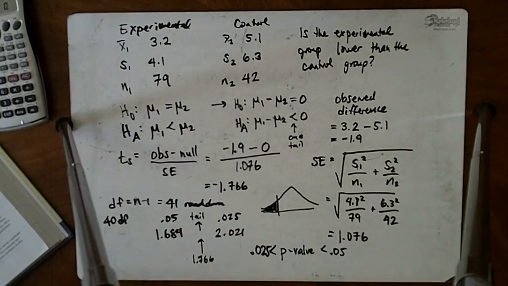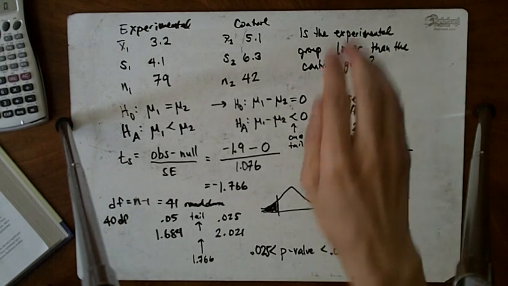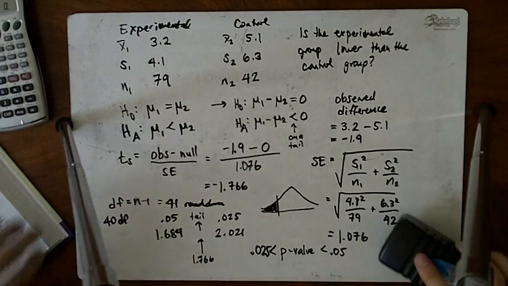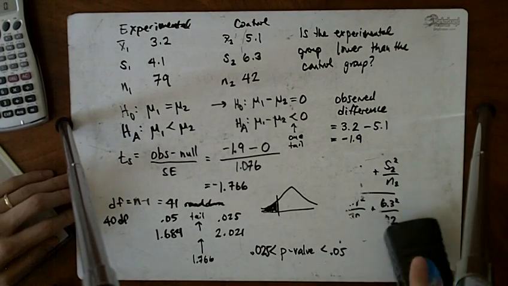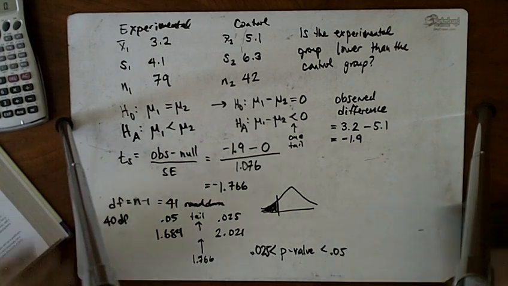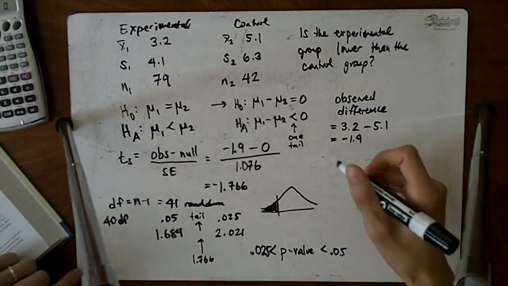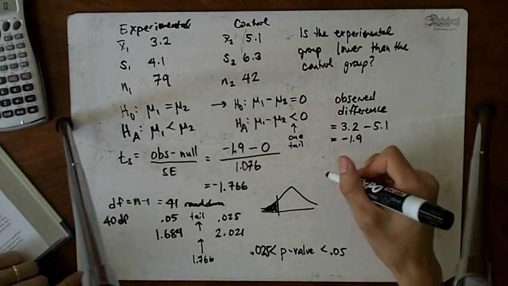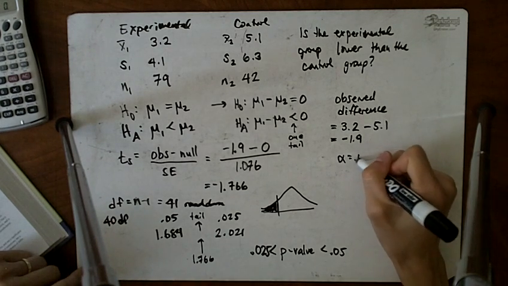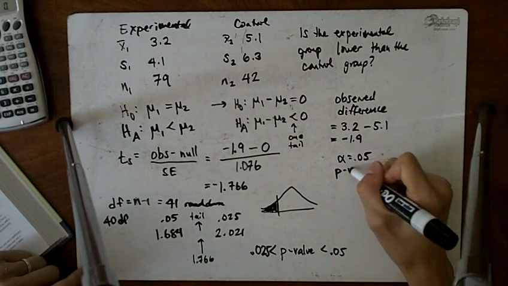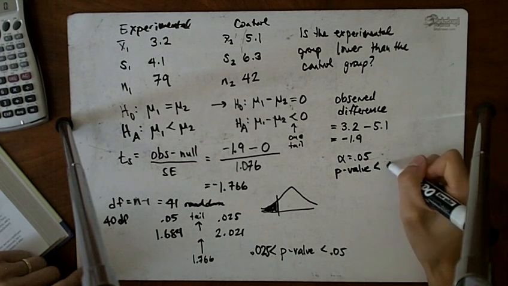And based on this, I can then answer the question, what does this mean? Okay. So I'm going to just erase this out so I have a little bit of space to write. So this means that if I use the p-value, if my alpha is 5%, I see that my p-value is less than alpha.